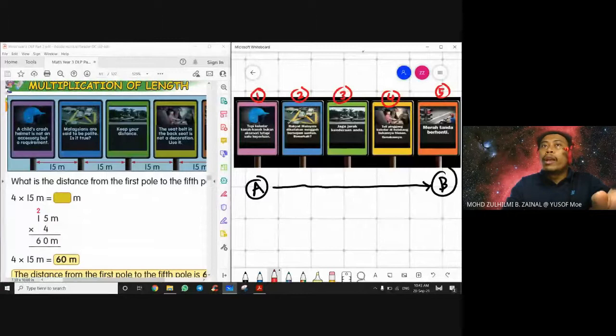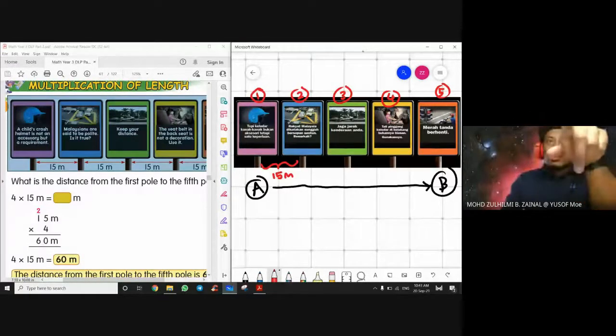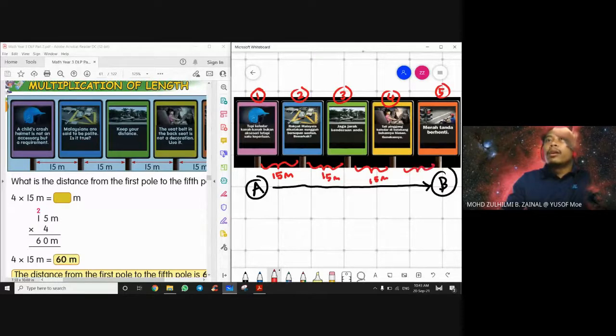So in between number 1 to number 2 ada 15 meter. So yang ni yang kamu kena kira. This is the distance. Each pole dia akan bagi jarak dia. So you have 4 units, 4 numbers. 1, 2, 3, 4. So ada 4.